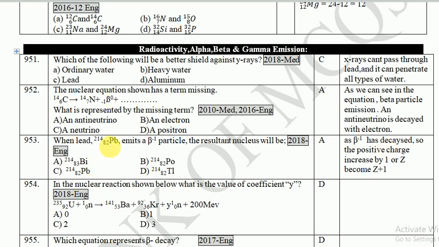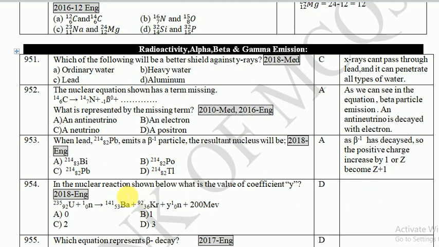In this case Z is equal to 82, so it will become 83. So the only option is option A. The 82 is increased to 83, while the 214 will remain the same. It will not change in the emission of a beta particle.